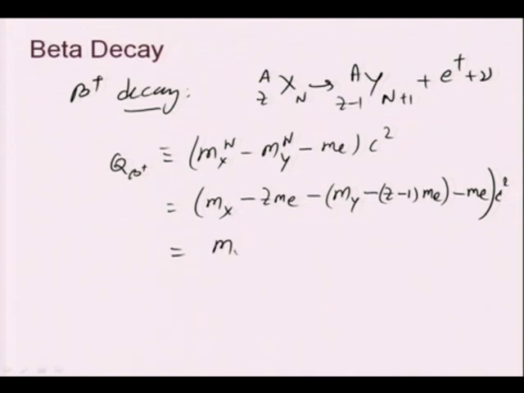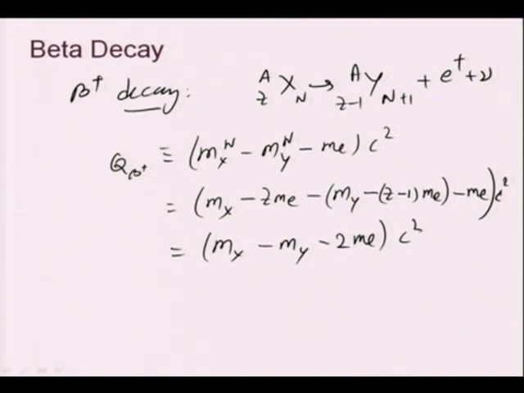This turns out to be m_X minus m_Y minus 2 m_e. Now, the masses of the electron do not cancel each other. So, in terms of the atomic masses, we have (m_X minus m_Y minus 2 m_e) c square.